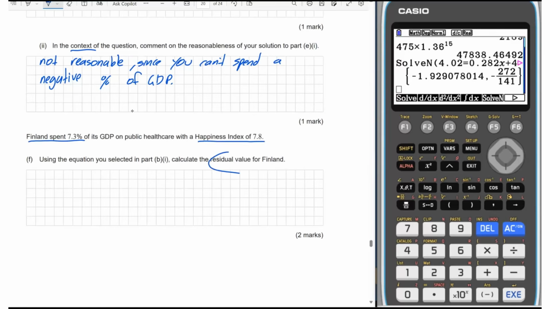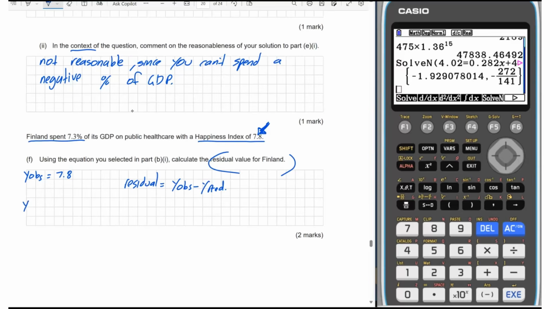And this one here, we're actually asked to find a residual value. Now, remember what I said before, that the residual is equal to your y observed minus your y predicted. Now, the y observed is your 7.8. Okay, so that's this guy here.